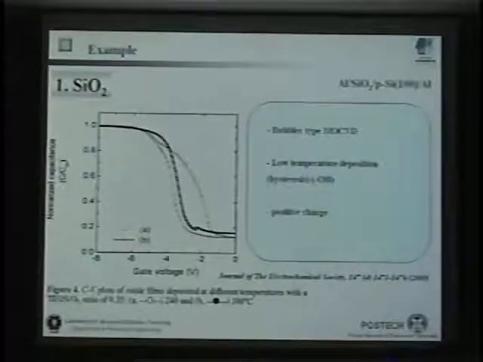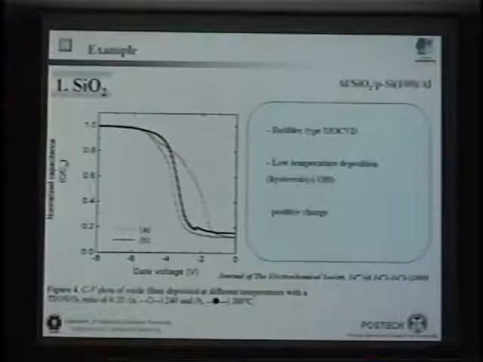In a MOSFET, usually SiO2 is grown by thermal oxidation of the silicon surface. In that case, you have a very nice interface. But if you deposit SiO2 at low temperature with TEOS ozone CVD, you can notice some hysteresis and some irregular shape in the film.